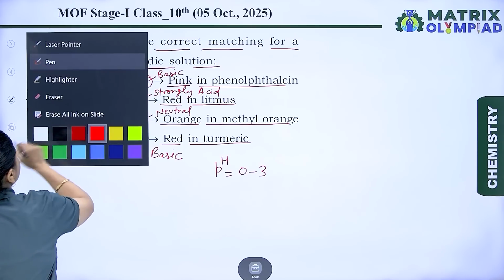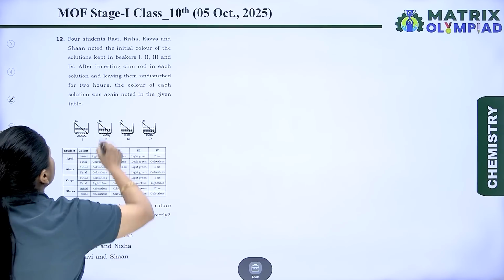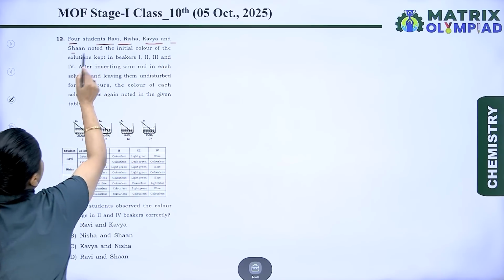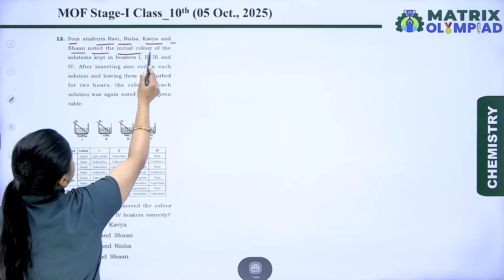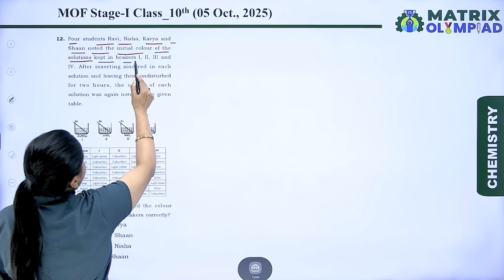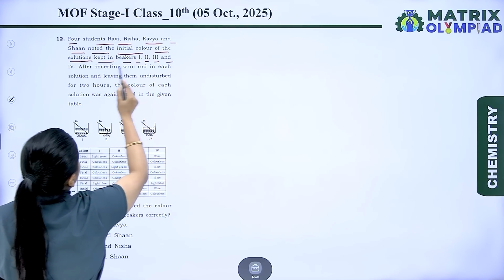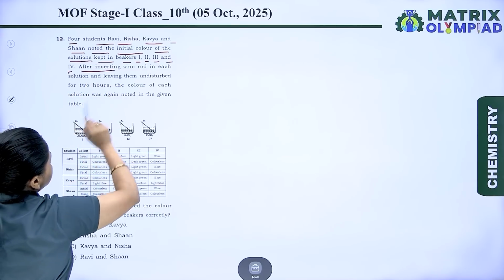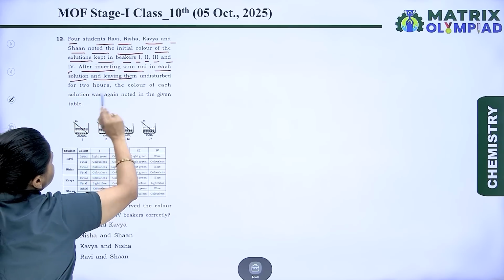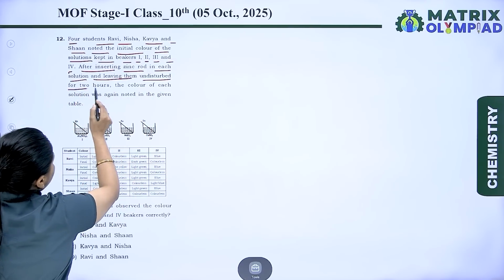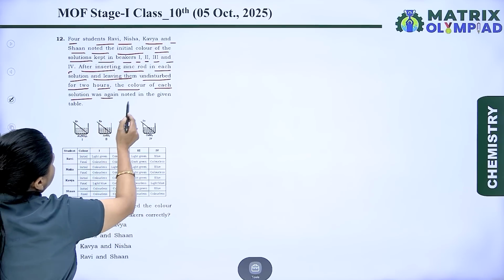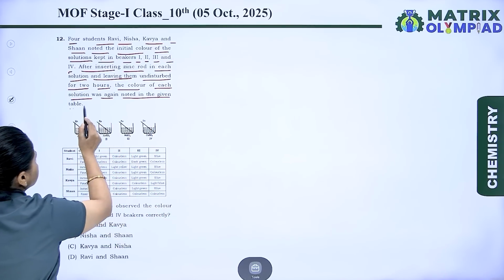Now the next question is, 4 students Ravi, Nisha, Kavya and Shan noted the initial color of the solution kept in beaker 1, 2, 3 and 4. After inserting a zinc rod in each solution and leaving them undisturbed for 2 hours, the color of each solution was again noted in the table.